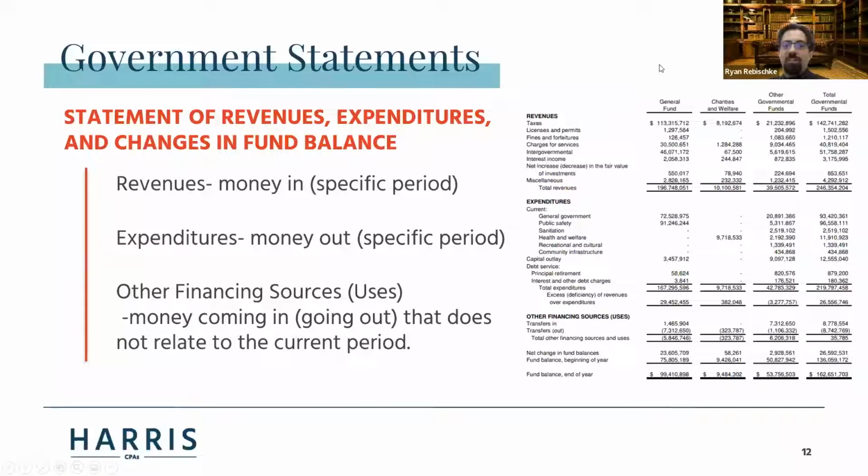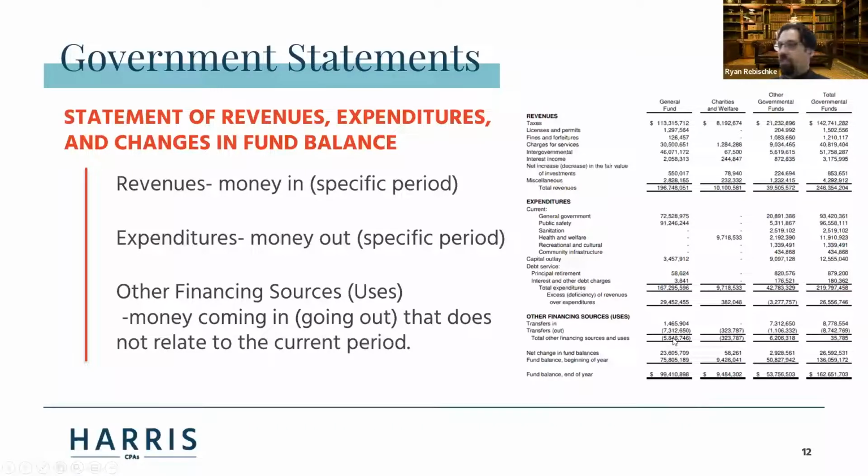So this is the statement of revenues, expenditures, and changes in fund balance. It's just the same as the activity statement, but on that fund level. Revenues, money in, expenditures, money out, that's the same. What you will see here that's different is there's this concept called other financing sources. Anytime money came in that wasn't related to either revenues or expenditures, this is where it goes.